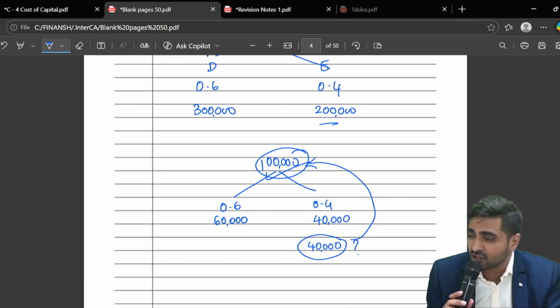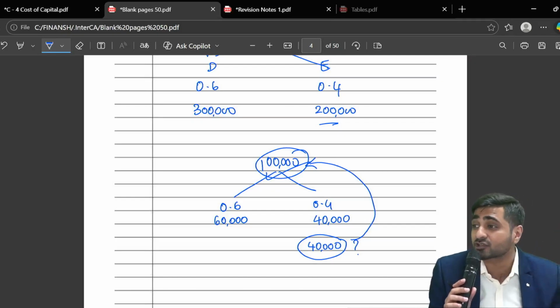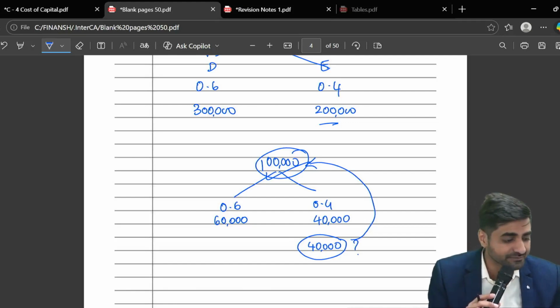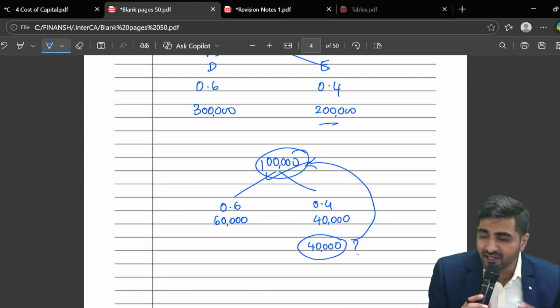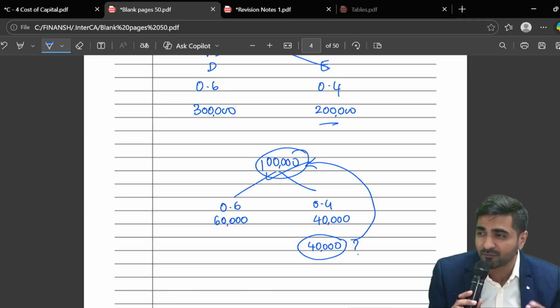From that, can I calculate the total amount which is supposed to be raised? Yes, I can calculate on that basis also. So my dear students, always understand that we have to take into consideration the optimum capital structure. That is very, very important.